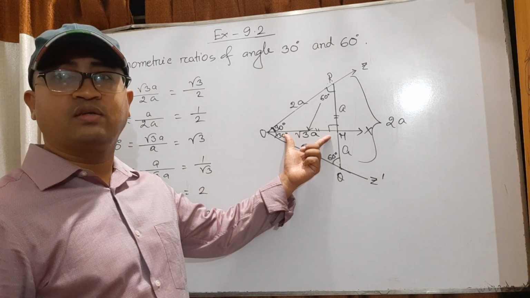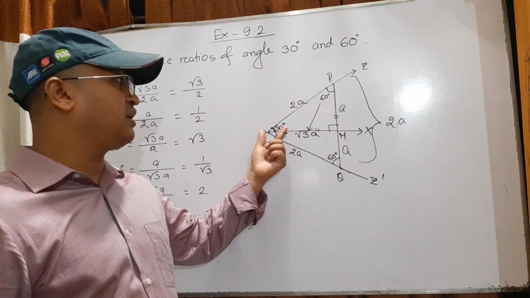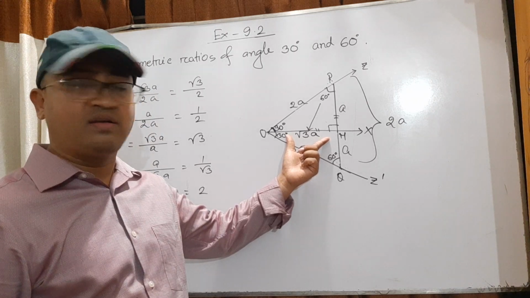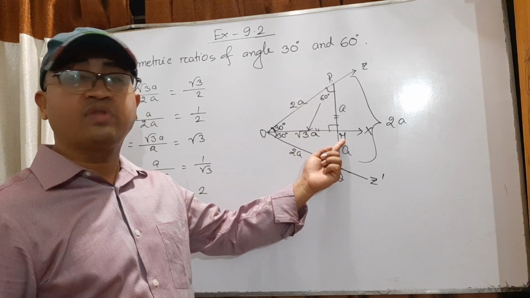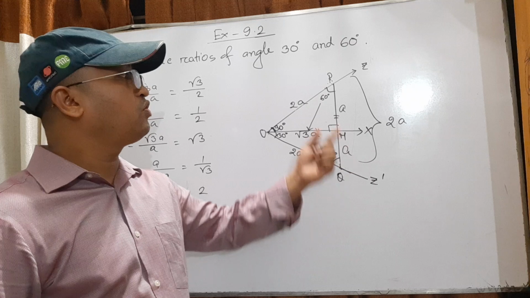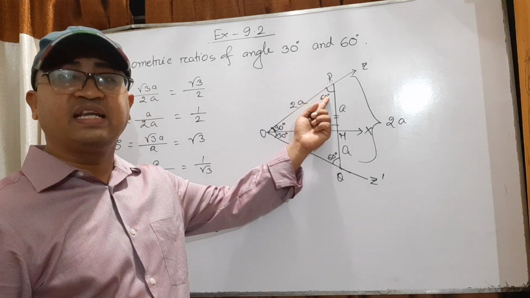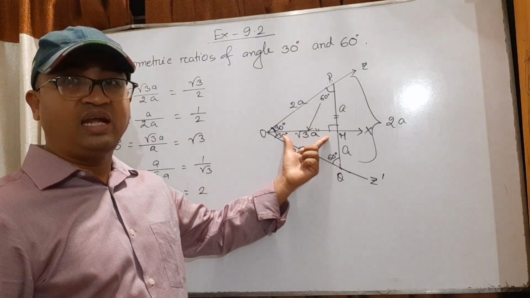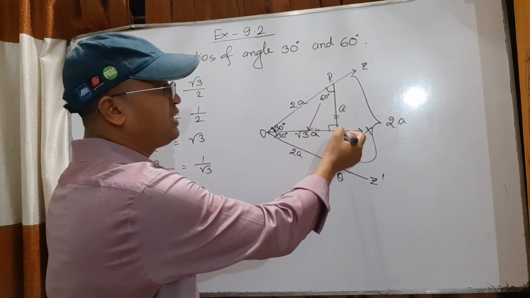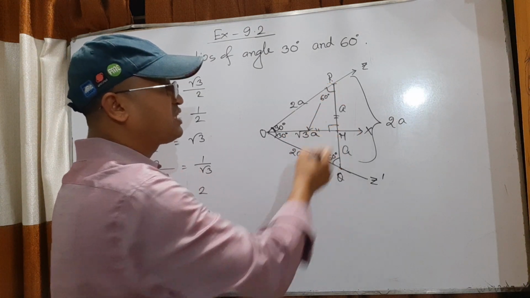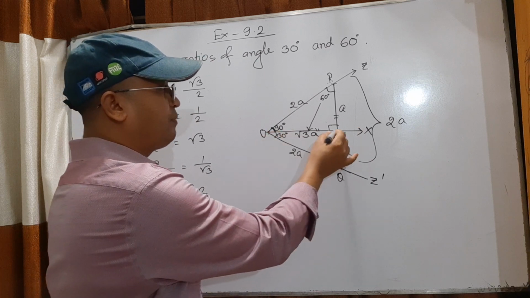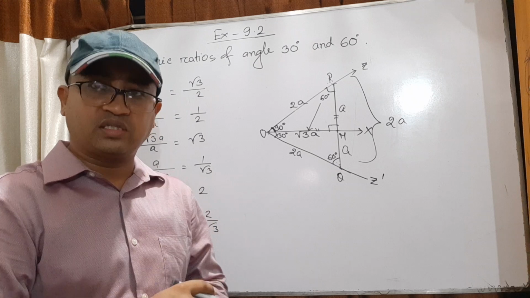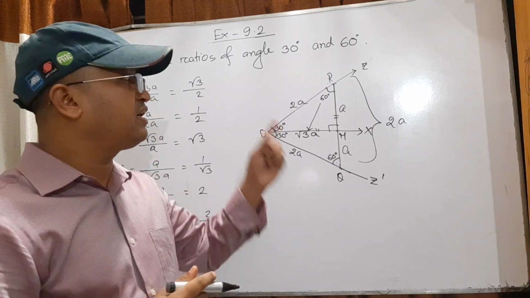Look, when you consider angle 30 degree, OM becomes the adjacent side and PM becomes the opposite side. But when you consider 60 degree as the angle, the opposite side becomes OM and the adjacent side becomes PM. This is the adjacent for 60 degree and OM is the opposite for 60 degree. It will be inverse when you consider the angle.